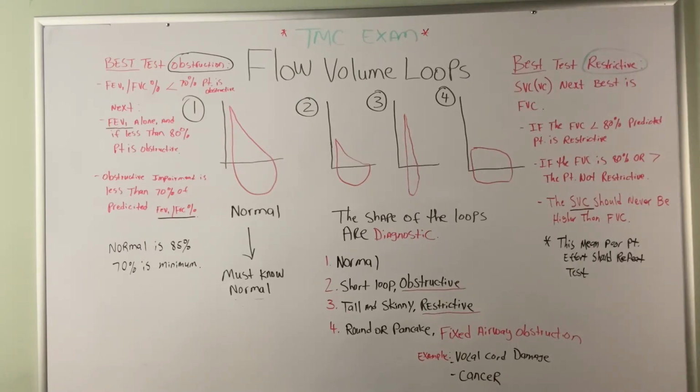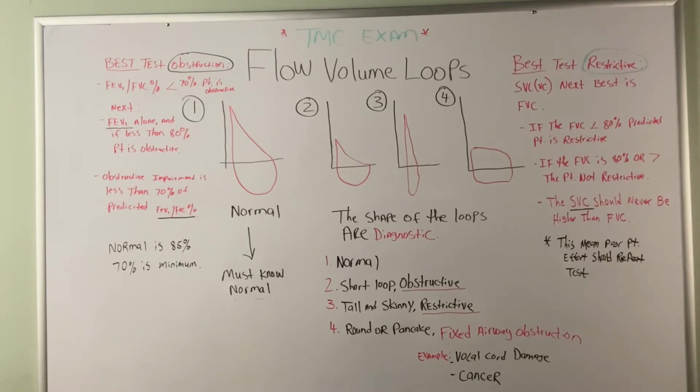Now, you will see all of these on the TMC exam, and you have to be able to recognize them because the shape of the loop is actually diagnostic. So when you see one of these loops, you should automatically know whether it's a restrictive or obstructive disease.